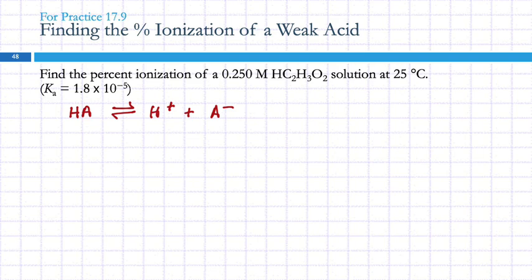So here, the percent ionization is going to equal the H plus concentration at equilibrium divided by the HA concentration initially times 100.